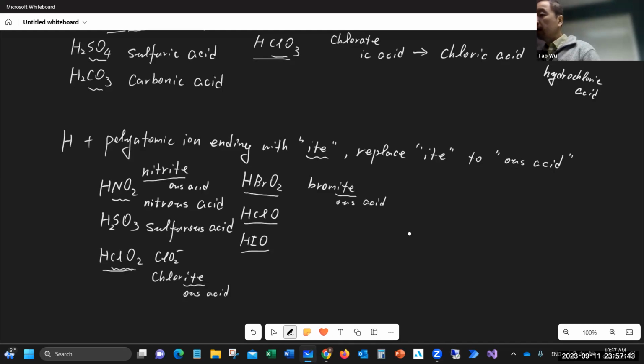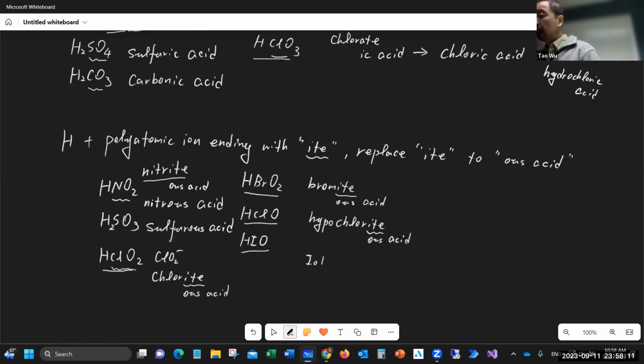And this one is also HClO. ClO has a prefix, hypochlorite, right? Hypochlorite, you change the ITE to OUS acid. So that's hypochlorous acid. Okay, IO is the same thing.